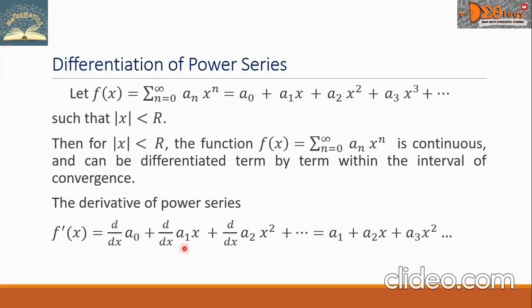Then the derivative of a sub 1 times x is a sub 1, plus the derivative of a sub 2 times x squared, which is 2 times a sub 2 times x, plus the next term, which will be 3 times a sub 3 times x squared. Then we can write the new series as summation from n equals 1 up to infinity of n times a sub n times x raised to n minus 1.